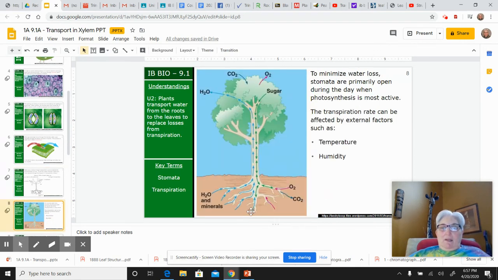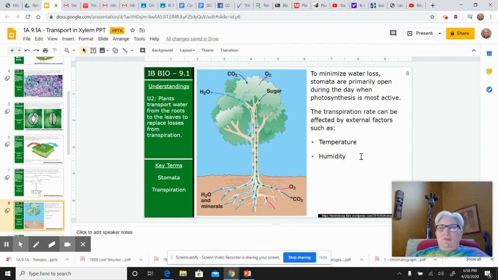Again, we have that pipeline that is going to move our water, carrying other things through the plant, out to the leaves, and eventually the transpiration of the water. Carbon dioxide in, oxygen out. That's the gas exchange.